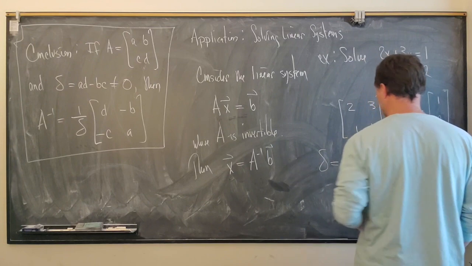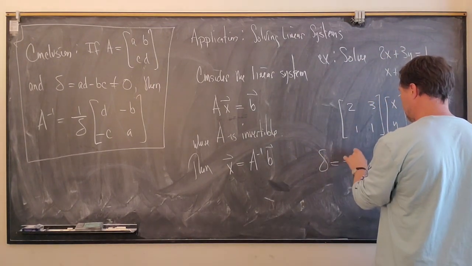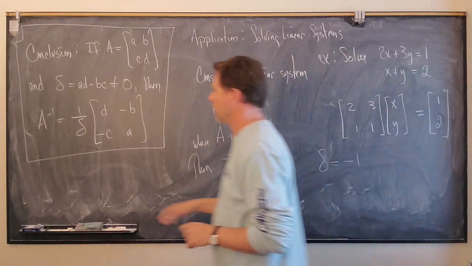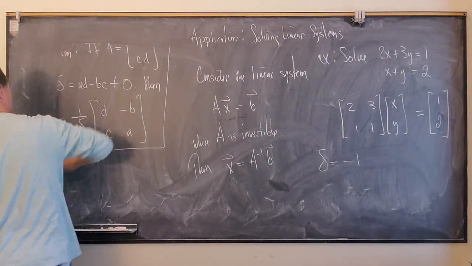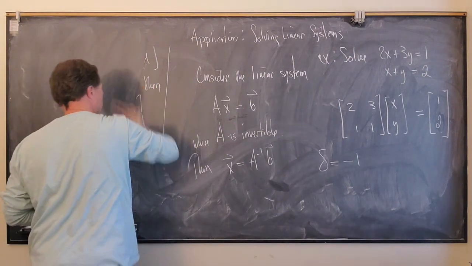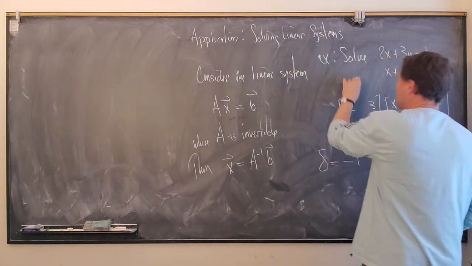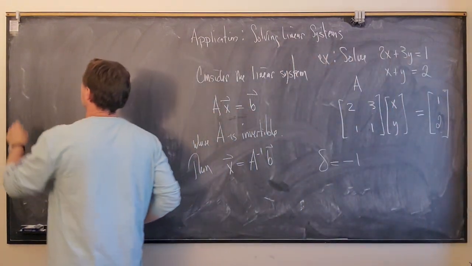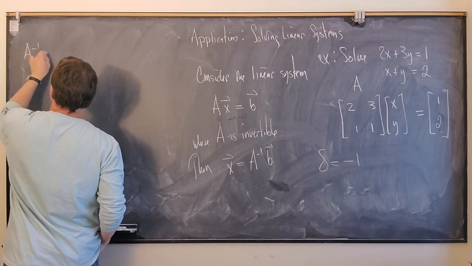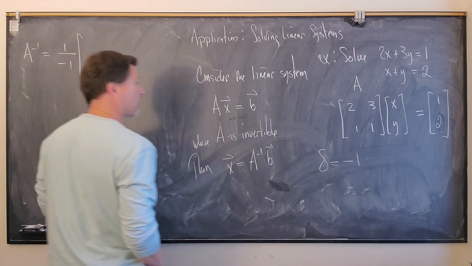Delta, let's see who that's going to be. That's going to be 2 minus 3, so that's negative 1. So if I call this coefficient matrix capital A, then A inverse is going to be 1 over minus 1 times... All right, so what do we do?